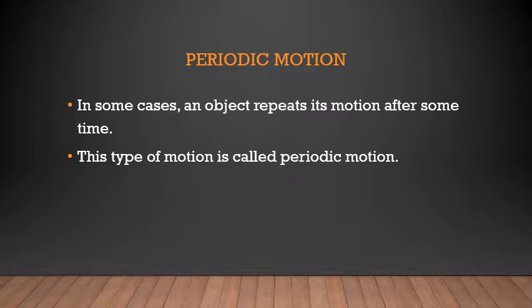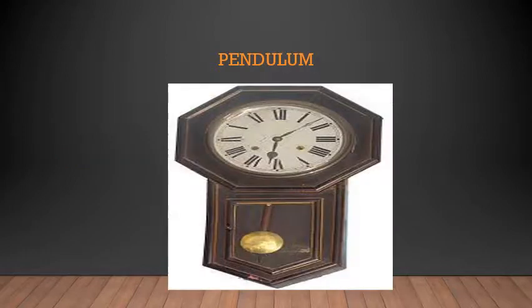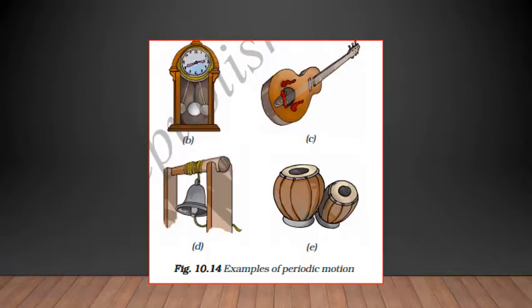A branch of a tree moving to and fro, movement of a child on a swing, the string of a guitar or a membrane of a drum or tabla being played are all examples of the periodic motions, where an object or a part of it repeats its motion after a fixed interval of time.